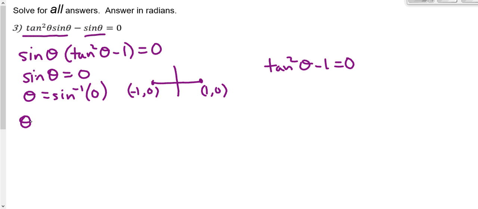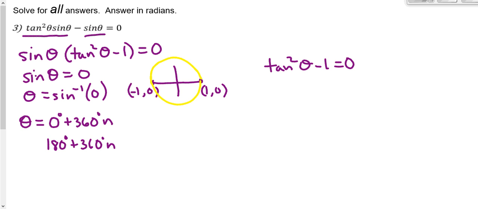So theta could be 0 plus 360n, or theta could be 180 plus 360n. But just like a previous problem, since these are half a circle apart, you don't have to list it like this. You can just start with one answer and then add 180 degrees to get to the next answer, add 180 degrees to get to the next answer, and so on.